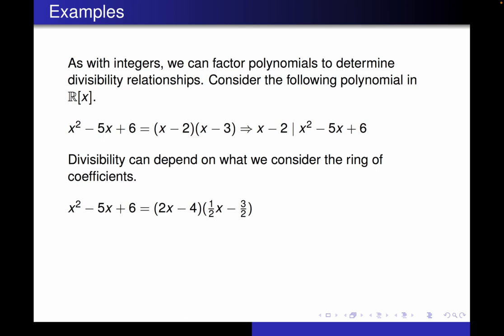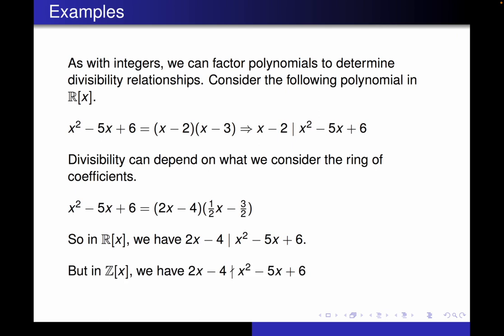So it's just playing with some constants. In R[x], it's clearly true that 2x minus 4 divides evenly into x squared minus 5x plus 6. But we could also consider x squared minus 5x plus 6 to be a polynomial in Z[x], because the coefficients are integers. In that case, 2x minus 4 does not divide x squared minus 5x plus 6, because the polynomial you have to multiply it by to get to x squared minus 5x plus 6 is not a polynomial with integer coefficients.